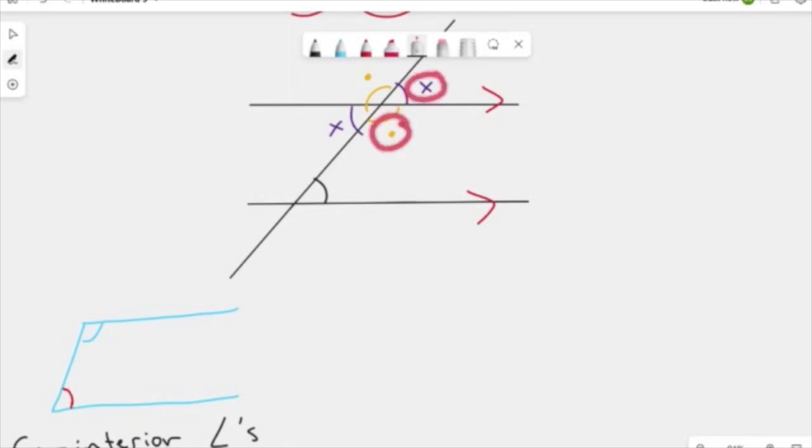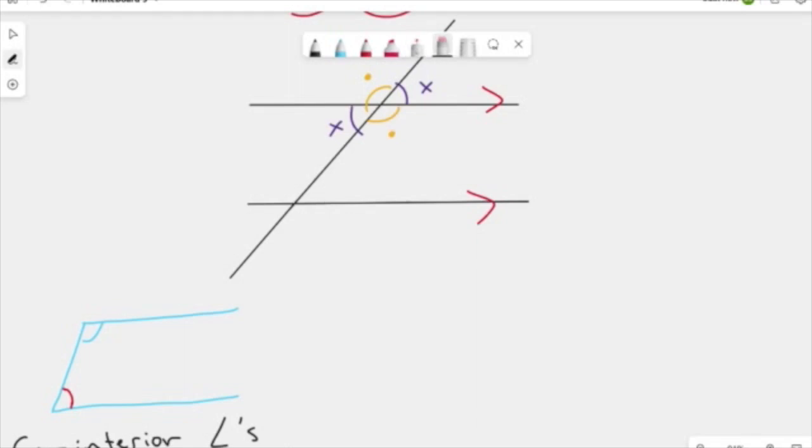This angle and this angle summed up to 180 degrees. This angle and this angle sum up to 180 degrees. So by that logic, shouldn't this angle be equal to this angle? Because this is a supplement to this, because they add up to 180, and this is a supplement to this, or this is a supplement to this, because they all add up to 180.